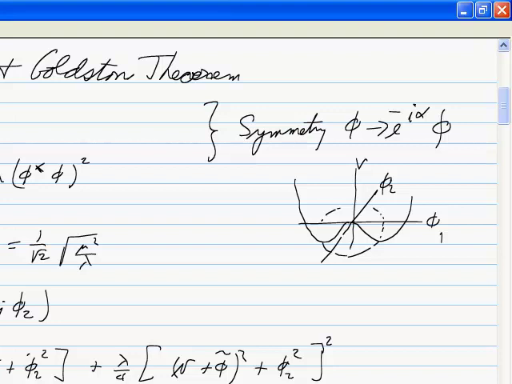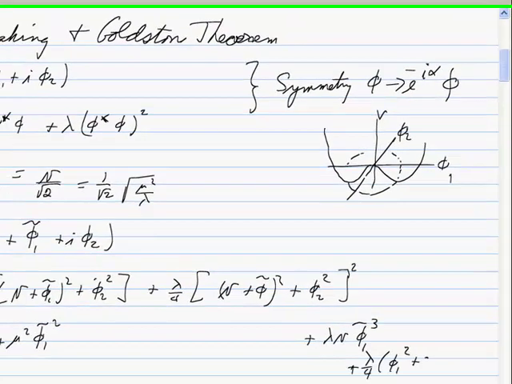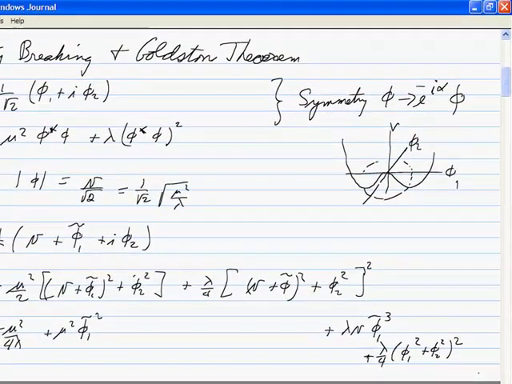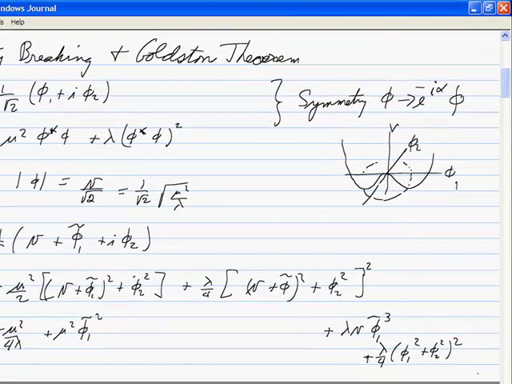There's an obvious piece that's lambda over 4 times phi 1 squared plus phi 2 squared, quantity squared. Those are the less interesting pieces.